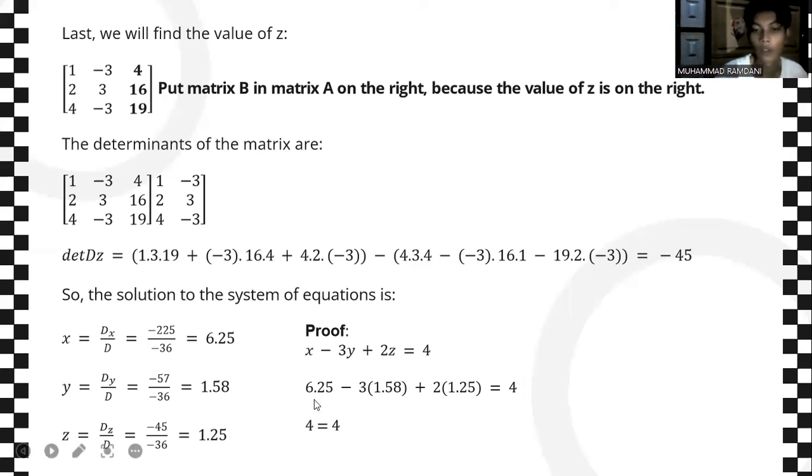So now we have 6.25 minus 3 times 1.58 plus 2 times 1.25 equals 4. So now we have the same value here. Okay, so this is true because the values are equal.